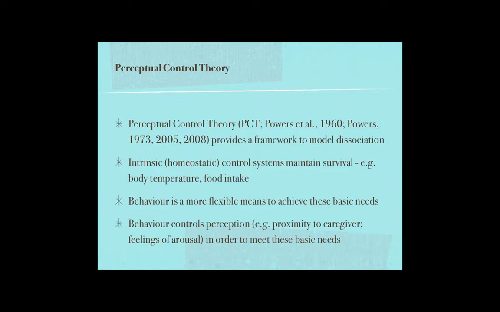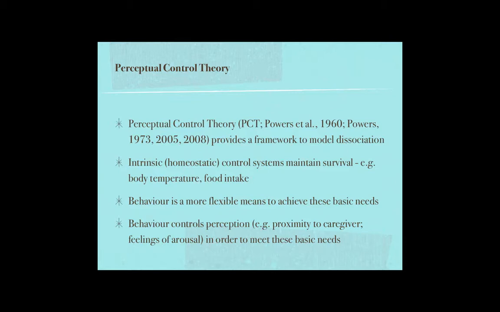As these methods of controlling perception develop, they are developing specifically to meet the intrinsic needs, the basic needs. So the individual will learn ways of perceiving the environment, of setting goals in the environment that achieve deeper intrinsic needs, such as the ones that I've covered there. And so this, what we call perceptual hierarchy, develops in layers guided by the biological system.